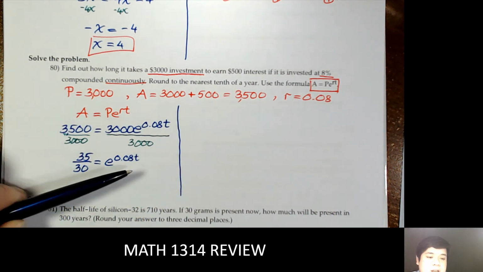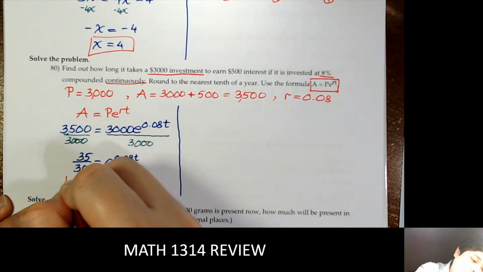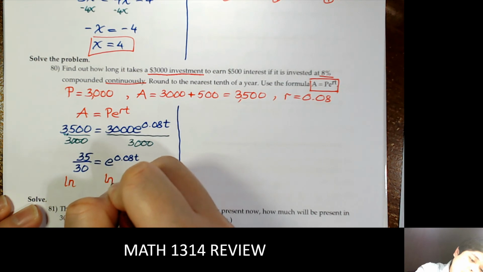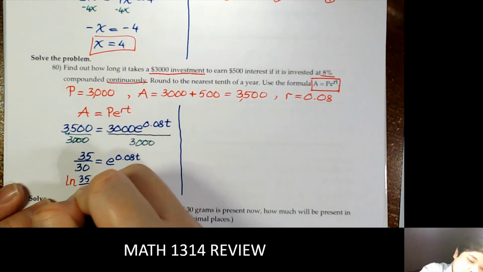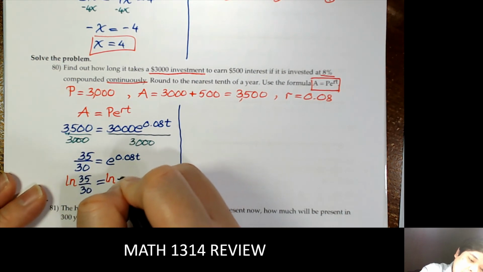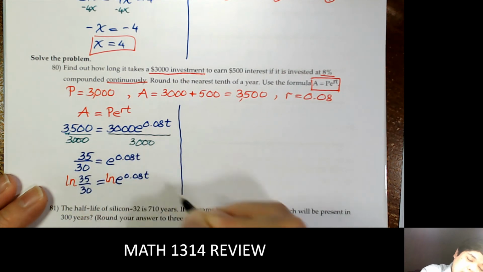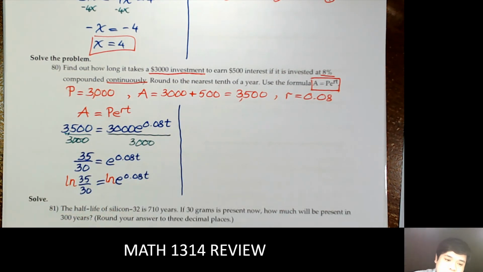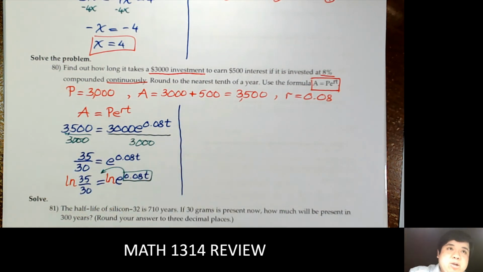Now we solve for the variable in the exponent. They don't have the same base, so we'll take ln on both sides. The reason is we can take the exponent outside.